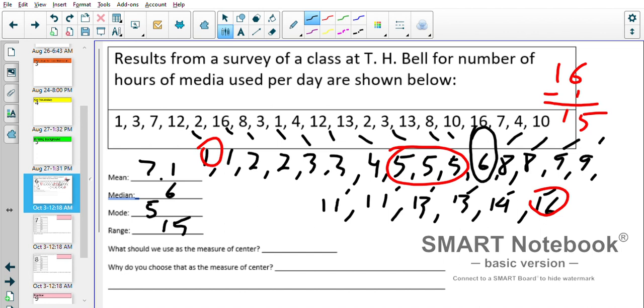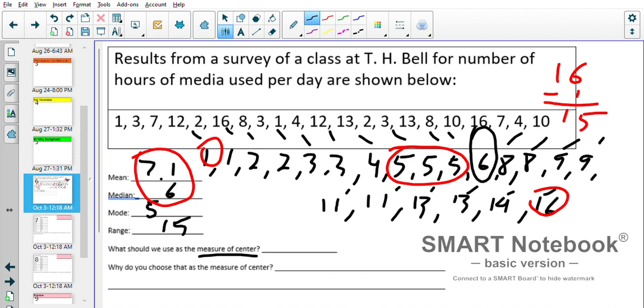Now, measure of center. We have to decide on that. When the data is symmetric, we use the mean for the measure of center, but the data here is not symmetric. We can actually see that if we just take a look right here. When the data is symmetric, the mean and the median are the same value. But since our data is skewed off to the right, we've got a couple of very large numbers right here that end up skewing the data and pulling the mean over to the right.